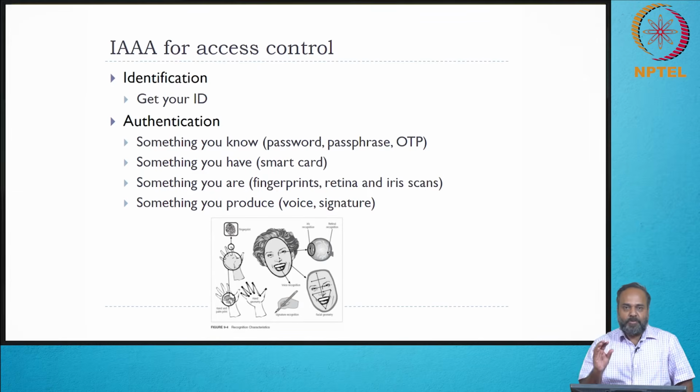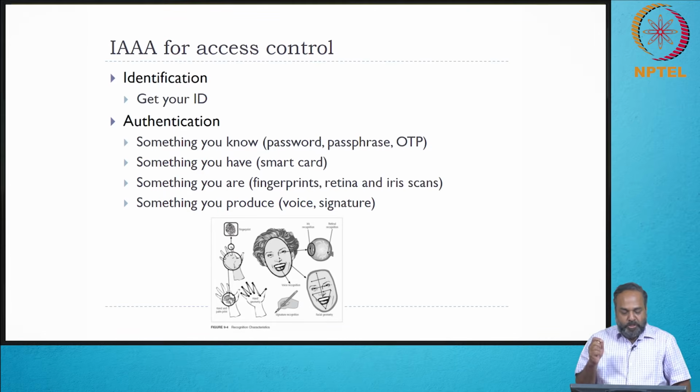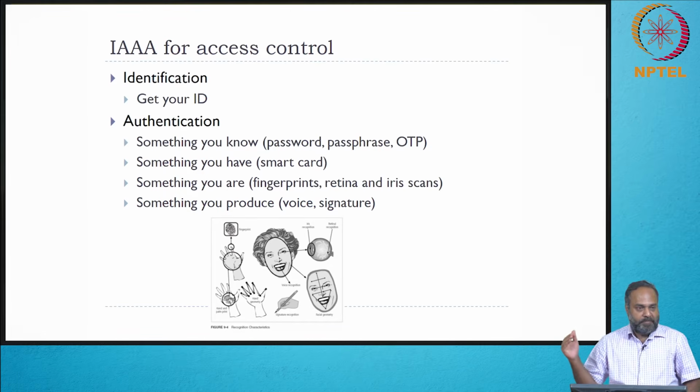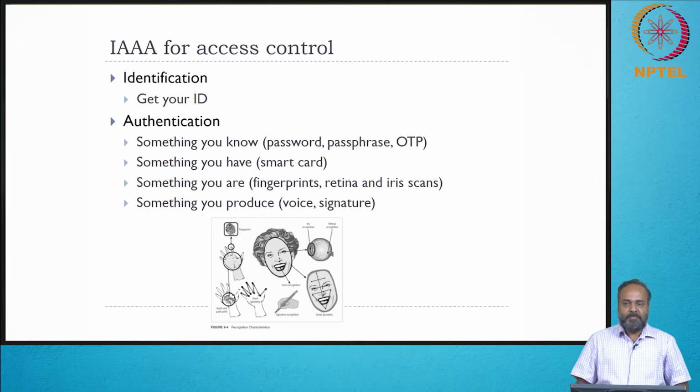So, these are actually parts of your body which are unique to you, and when it is captured using camera and stored becomes an ID of you, that is your identity, which can be used for authentication. And the fourth type of authentication could be using what you produce, your voice, your signature, etc. That is something that you produce.